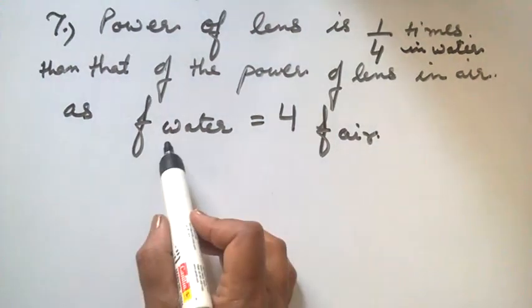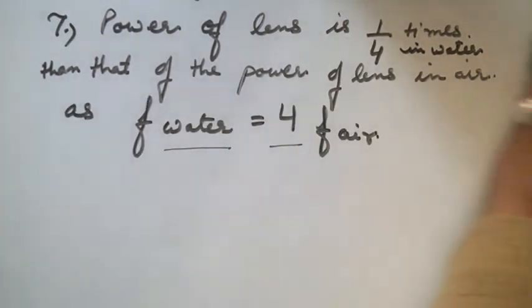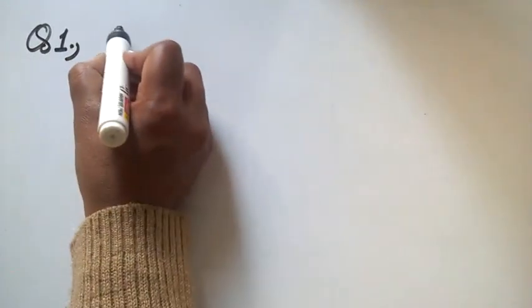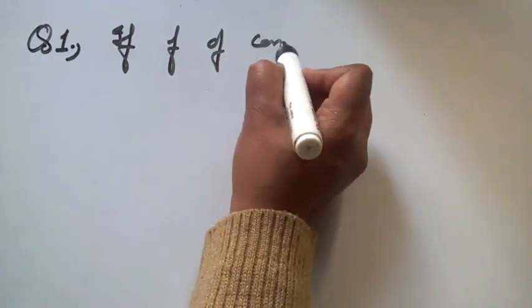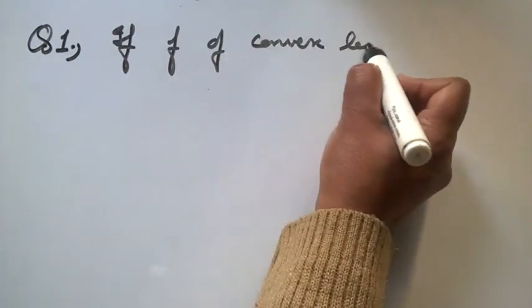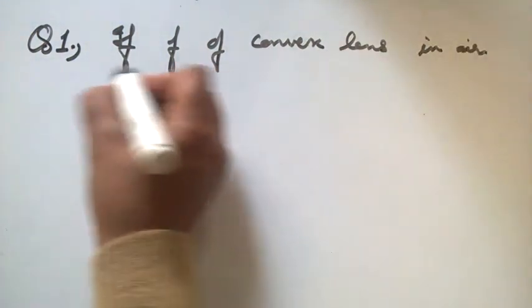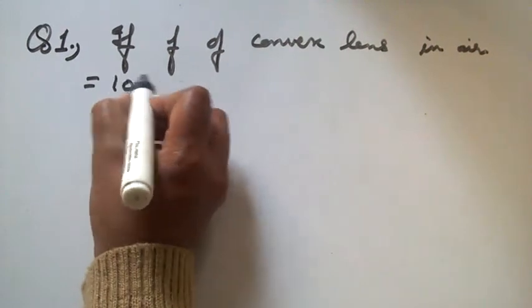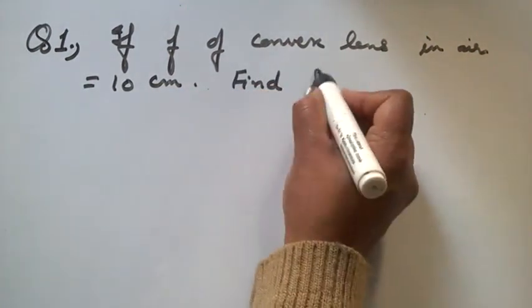We can prove this also with the help of one numerical, that is, if the focal length of a convex lens in air is given as 10 centimeter, find the focal length of the lens in water.